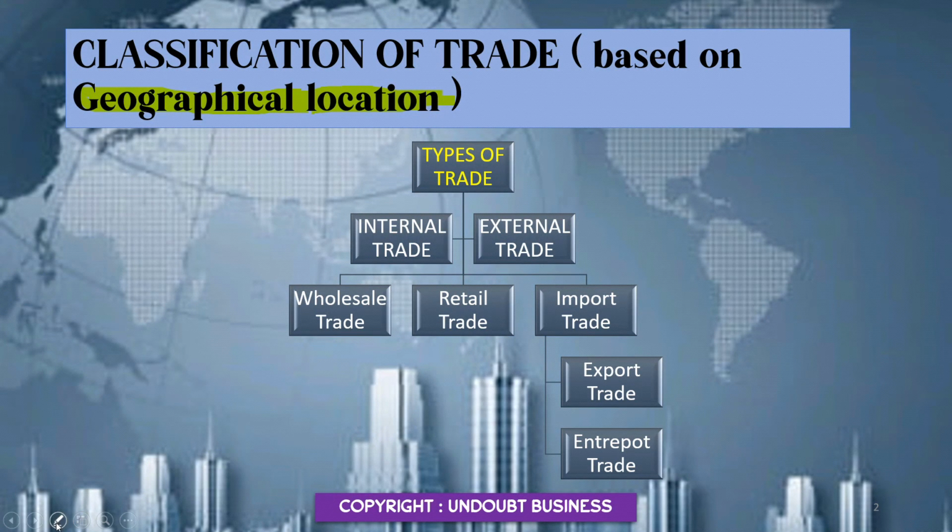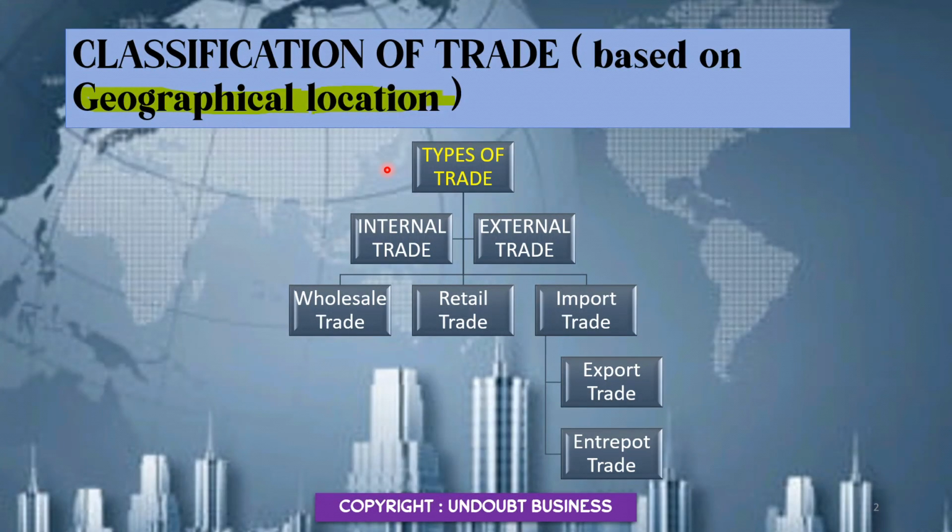You can pause the video and take a screenshot here. Please note that this classification of trade is based on geographical location, whether the trade is within the boundaries of a country or outside the boundaries of a country.